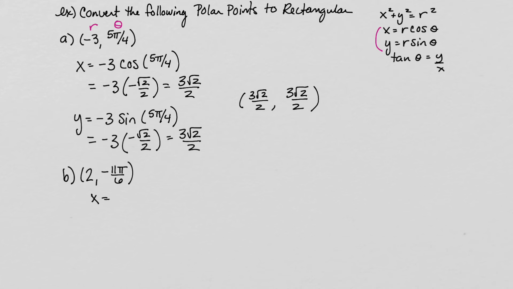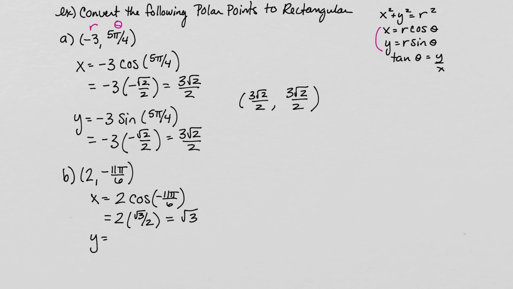So x here is going to be 2 cosine minus 11 pi over 6. And so what's the cosine of minus 11 pi over 6? Yep, root 3 over 2. So 2 times root 3 over 2. Ooh, see, that's just going to be root 3.